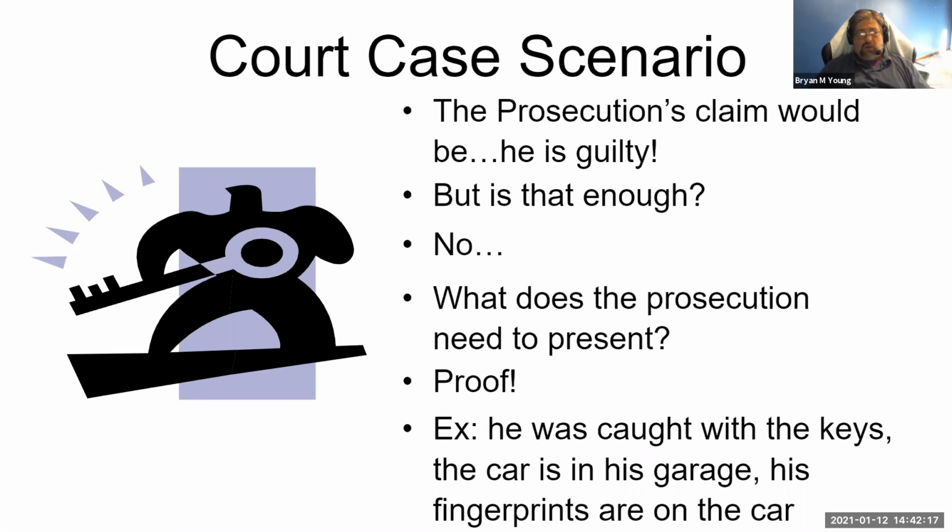So, again, remember I said both sides in a court case have the same evidence. One side would try to explain why this evidence makes the person seem guilty. The other side would try to explain that evidence away. Obviously the prosecution would say, look, why else would this person have the keys? Why would they have the car in the garage?